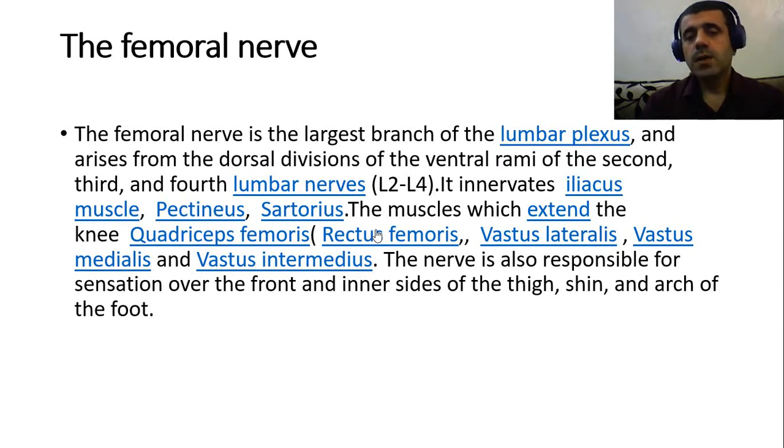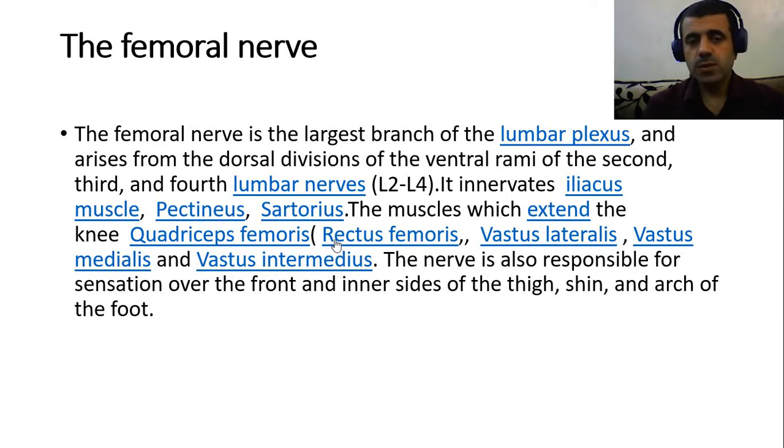And also the muscles which extend the knee, these are called quadriceps femoris. Quadriceps femoris is composed of a group of muscles. These are rectus femoris, vastus lateralis, vastus medialis, and vastus intermedius.